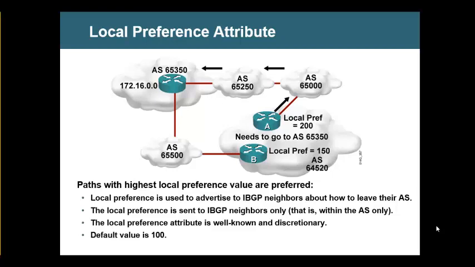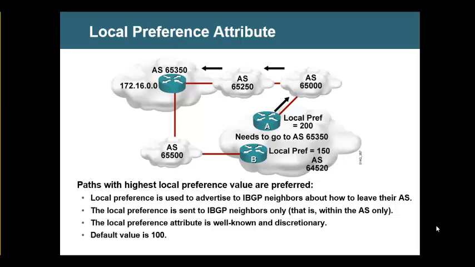Alright, now this is local preference. It is well known, but may be present in the update, may not be also. This attribute is for those routers that run BGP within an autonomous system.